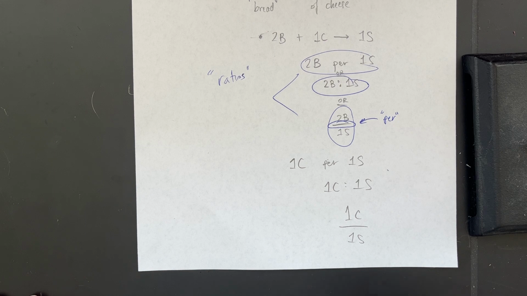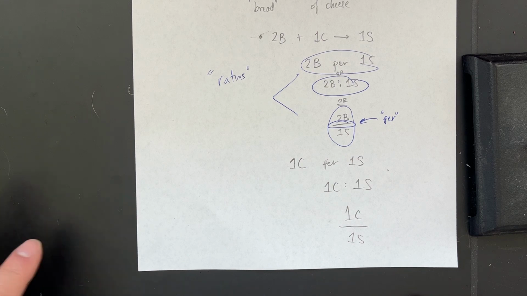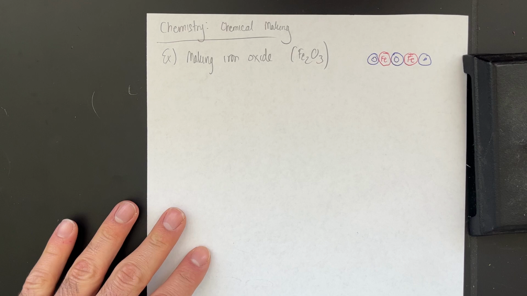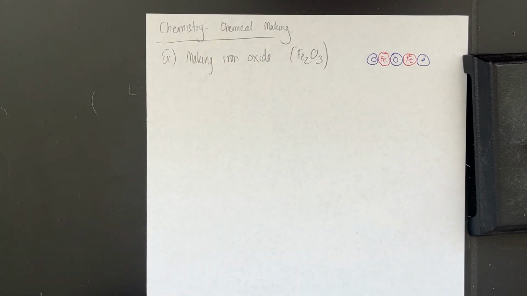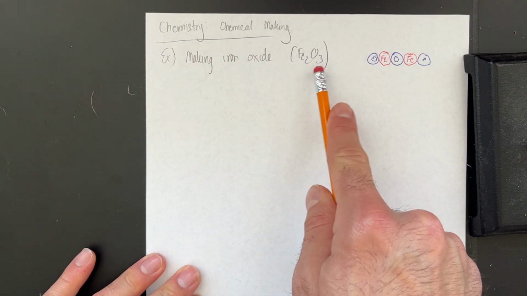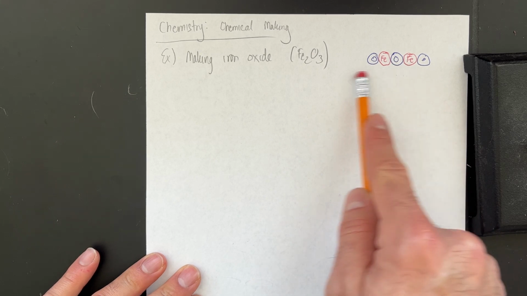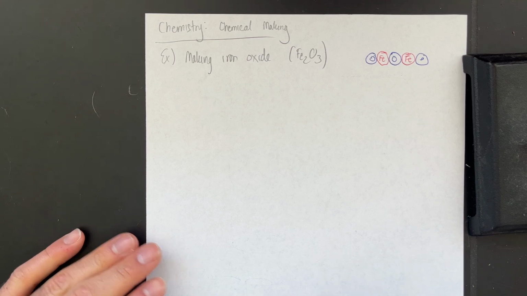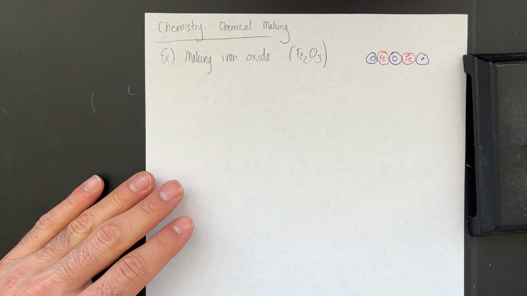Now, we're going to apply this idea of ratios to making something else, to making chemicals, to making molecules, which is what chemistry is all about. It's about chemical making. So let's say we're trying to make iron oxide, Fe2O3. In the same way that in baking and cooking we combine things to make new things, we're going to do the same thing in chemistry. And it turns out this is the recipe for making iron oxide.